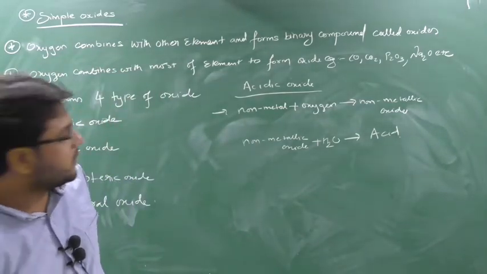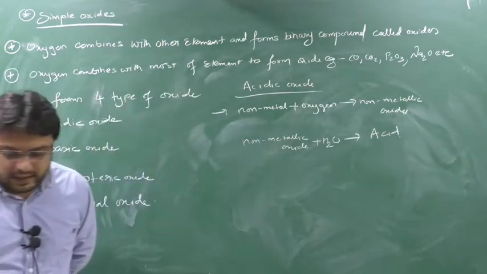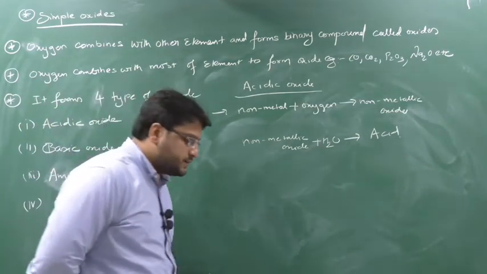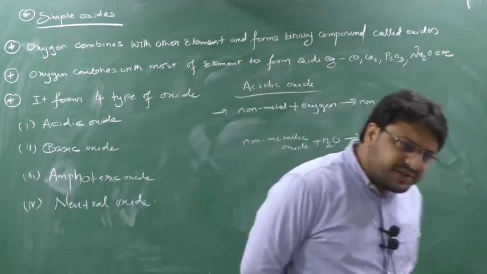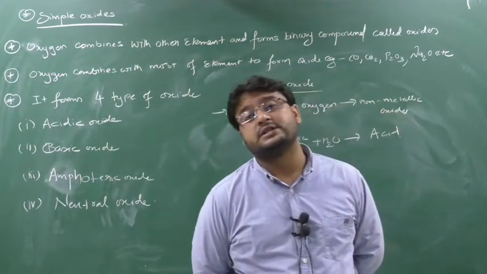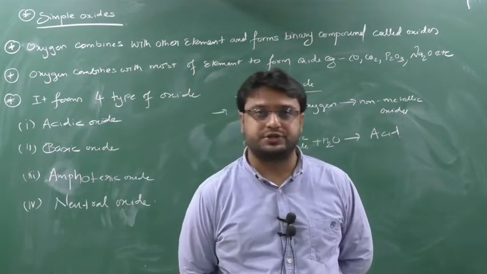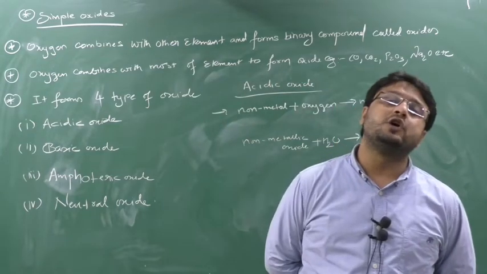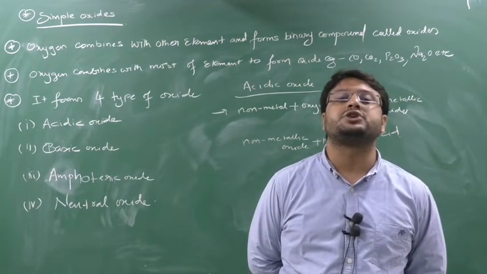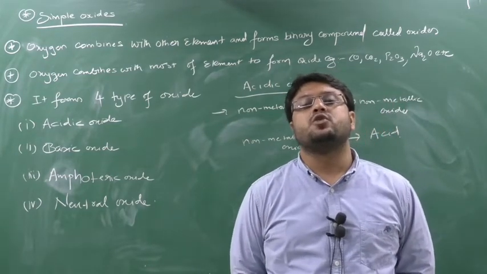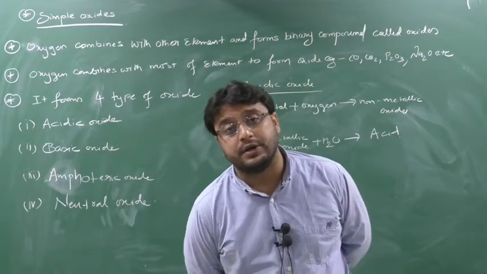Are you understanding or not? So whenever a non-metal is reacted with oxygen, it forms non-metallic oxides. When these non-metallic oxides are dissolved in water, they generate acids. So due to the dissolving of non-metallic oxide in water and generation of acids, we say non-metallic oxides are acidic in nature.